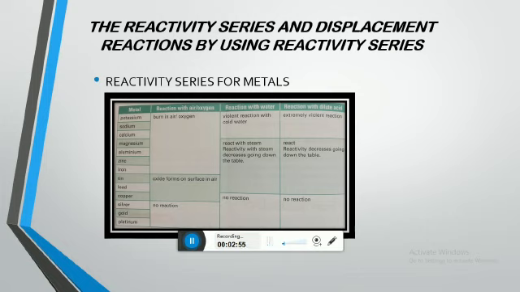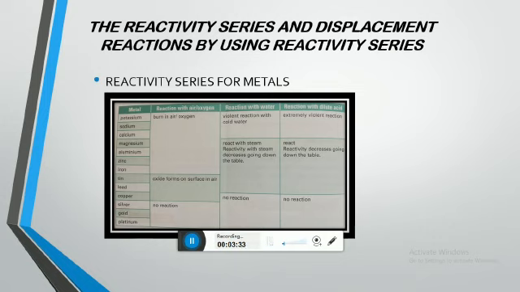It means magnesium is higher than aluminium, then zinc, then iron, and tin at the bottom. So magnesium is at the top, then we will have aluminium. If we move further downward, copper, silver, gold, and platinum do not react with water. That's why there is no reaction with water.